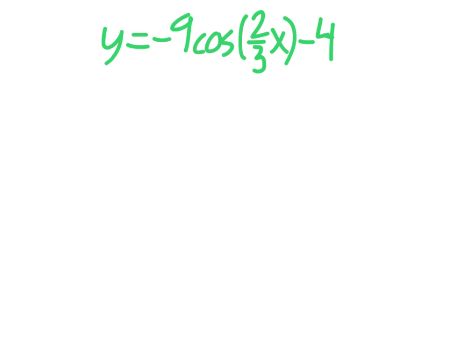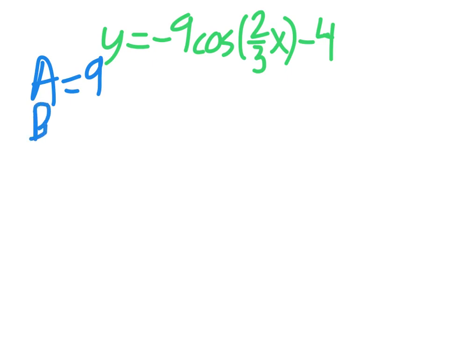Now for this one, the function is y equals -9 cosine of 2/3 of x minus 4. So the amplitude here is going to be 9, and you might be thinking to yourself, what about the negative? The negative just means that the graph is going to be flipped on the y-axis. I'll show you what that means in a little bit.